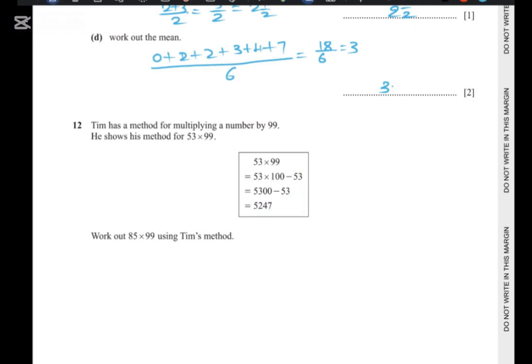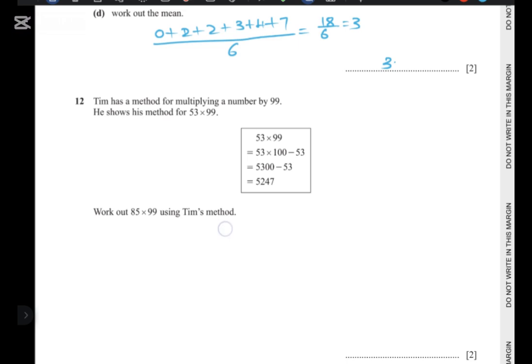So same thing you will do here also. Multiplying 85 into 99 will be multiplying 85 with 100 and subtracting 85 from it. So 8500 minus 85 will be, subtract here, 10 minus 5 is 5, 9 minus 8 is 1, then this is 4 and 8. So 8415 is the answer.